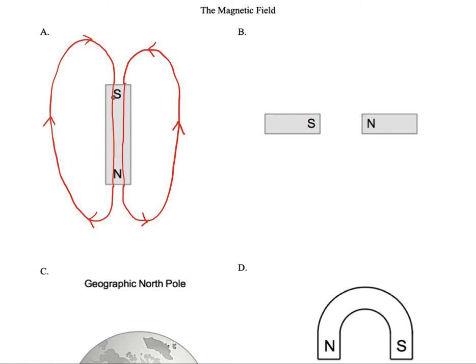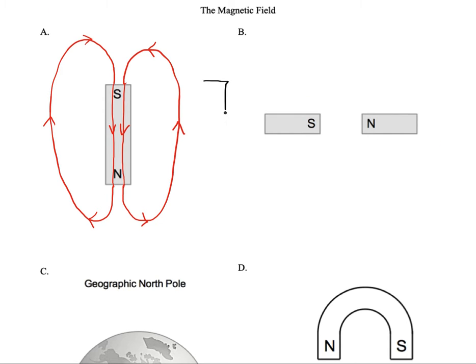The direction of the magnetic field loop, though, is always consistent. Now, this may seem at first like a contradiction because field lines point from north to south, yet inside the magnet, it appears that they're pointing from south to north. But they aren't really pointing from south to north.